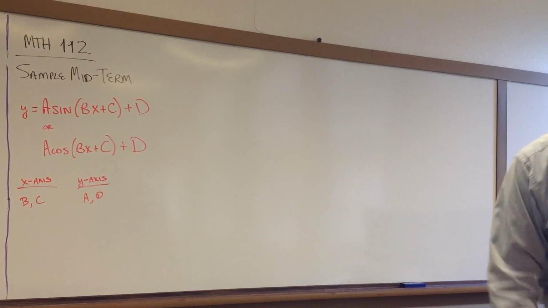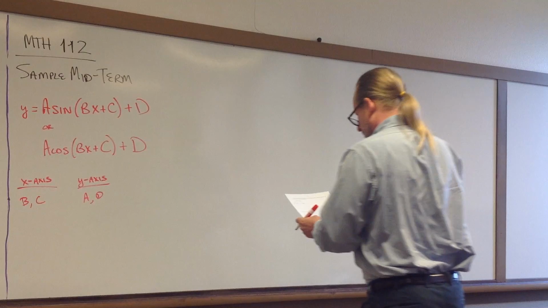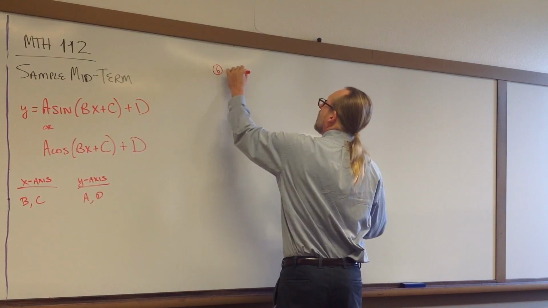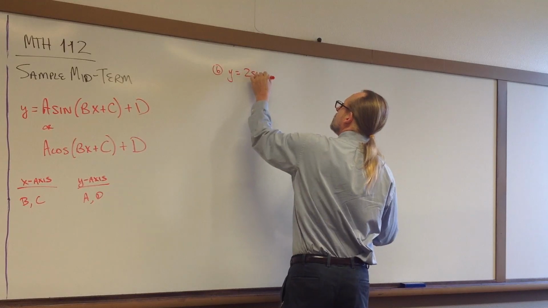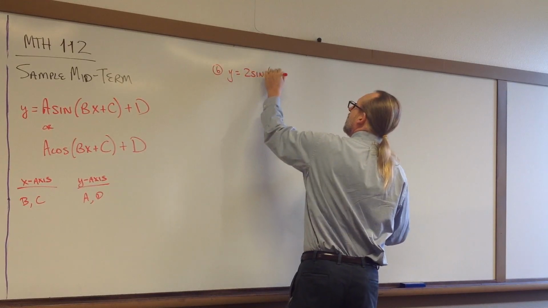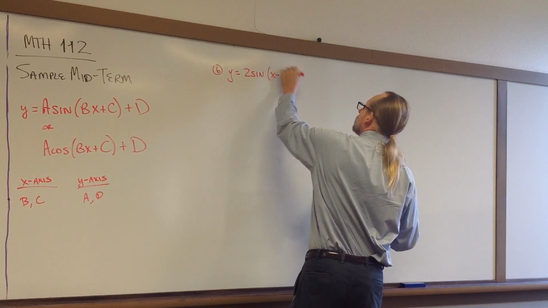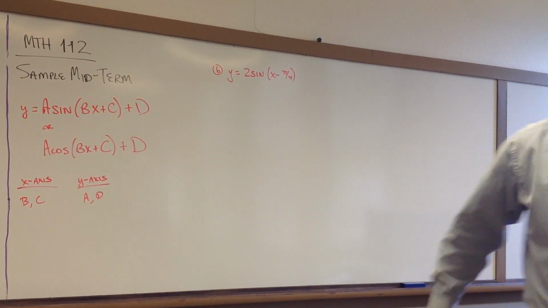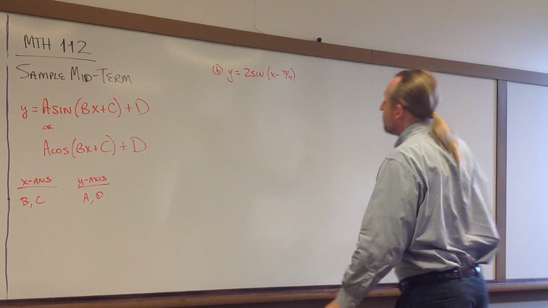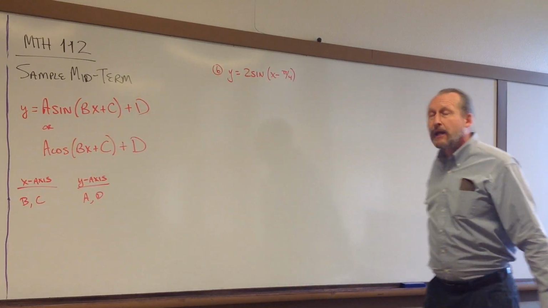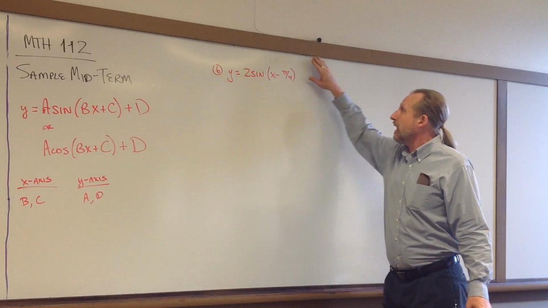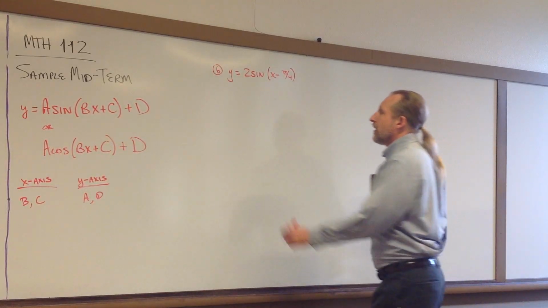Problem 6. Y equals 2 sine x minus pi over 4. Okay. So notice in this one, we've got a phase shift and a change in the amplitude, but the period is going to stay 2 pi, and there's no vertical shift at all.